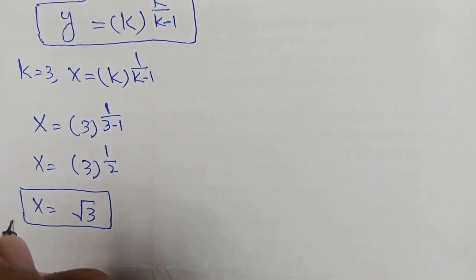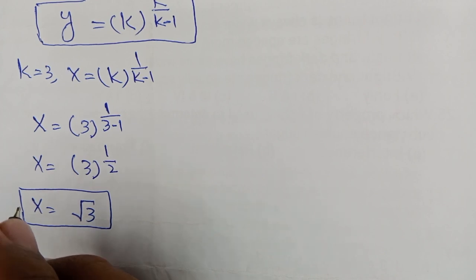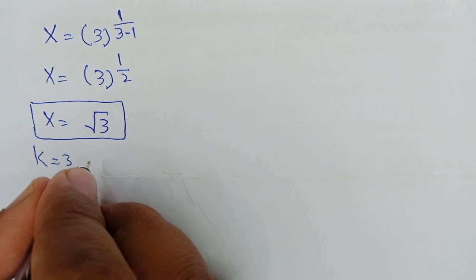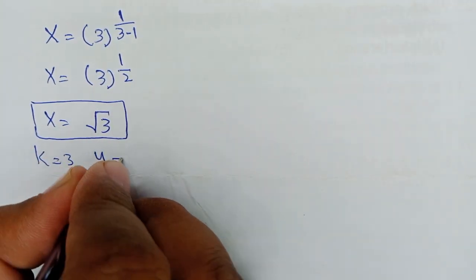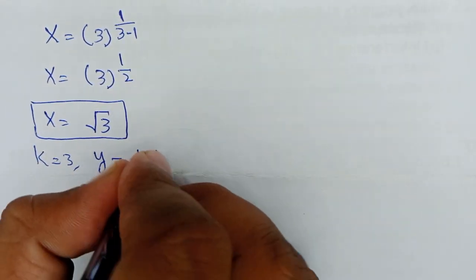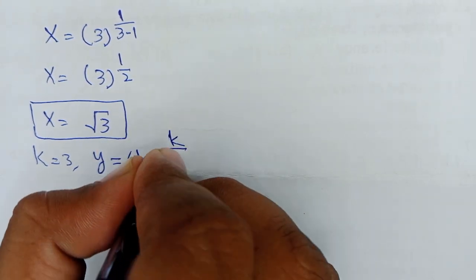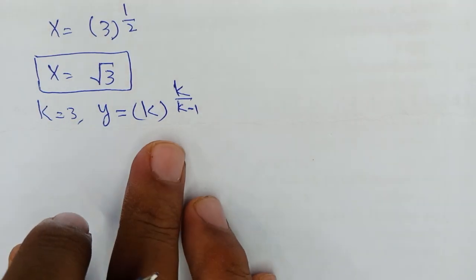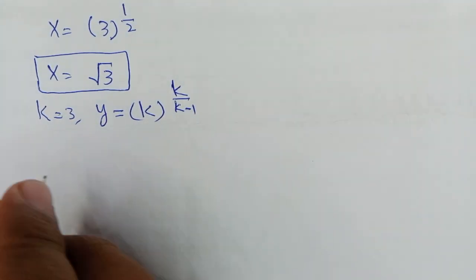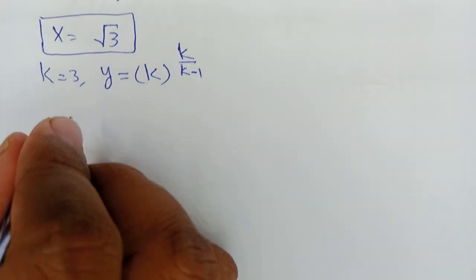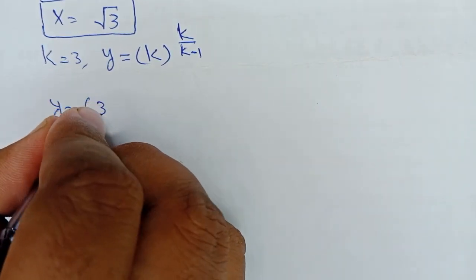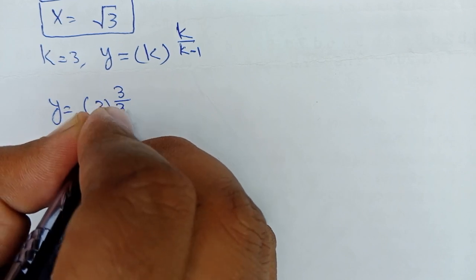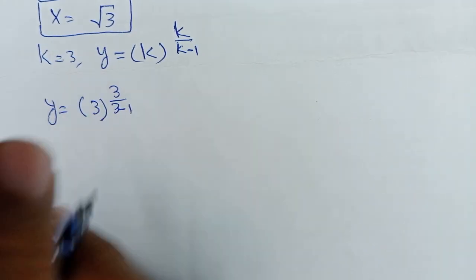Now we have to find the value of y. Again we take k equal to 3, and we have considered y is equal to k power k over k minus 1. So we place 3 in place of k: y is equal to 3 power 3 upon 3 minus 1.